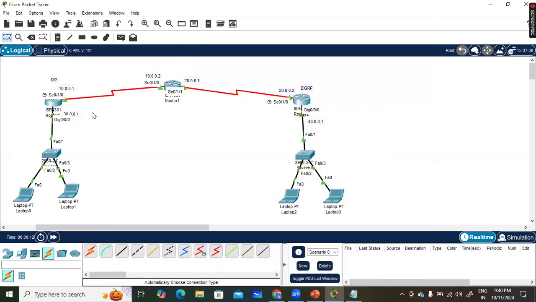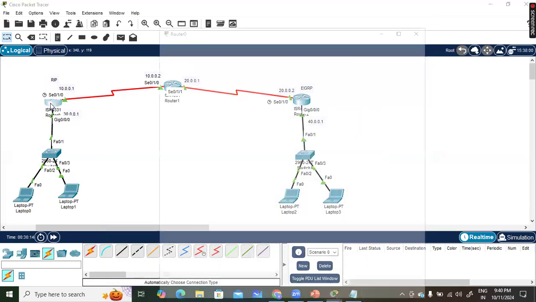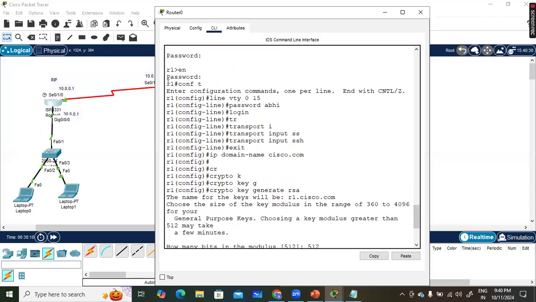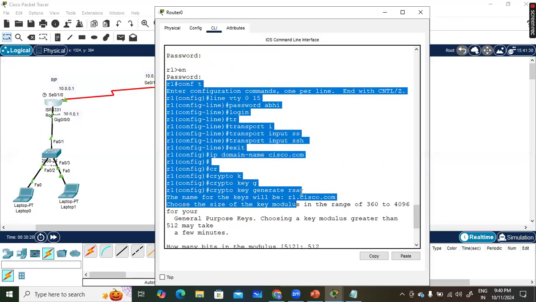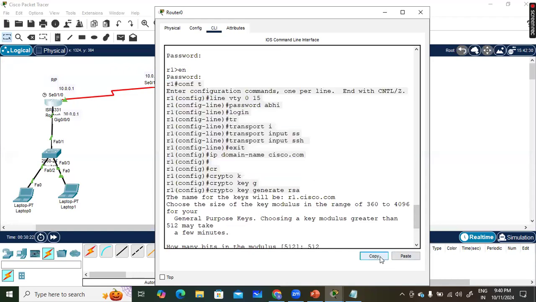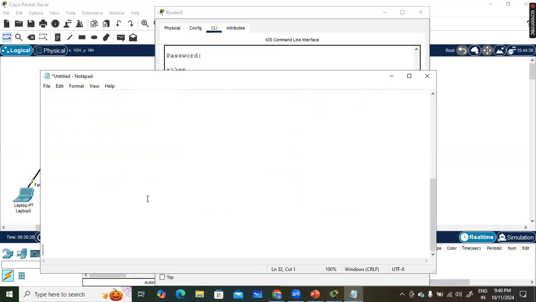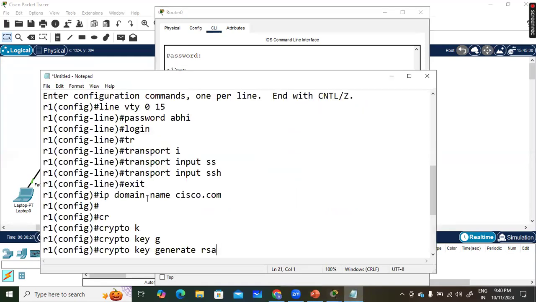So this is the command for telnet. I'll just write it down separately.